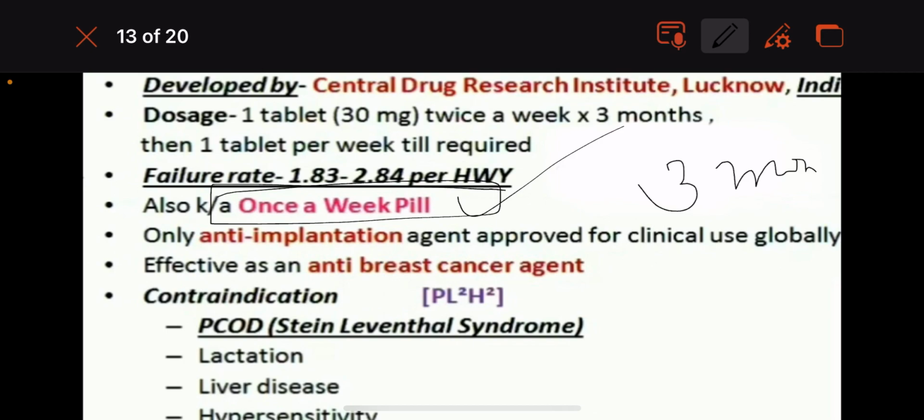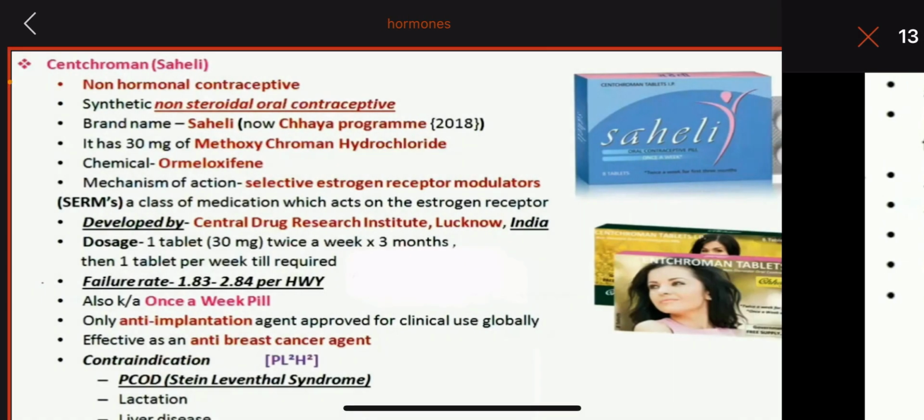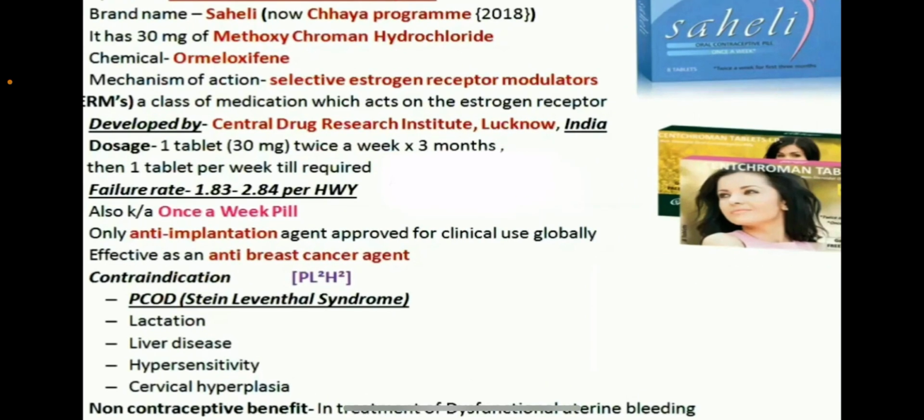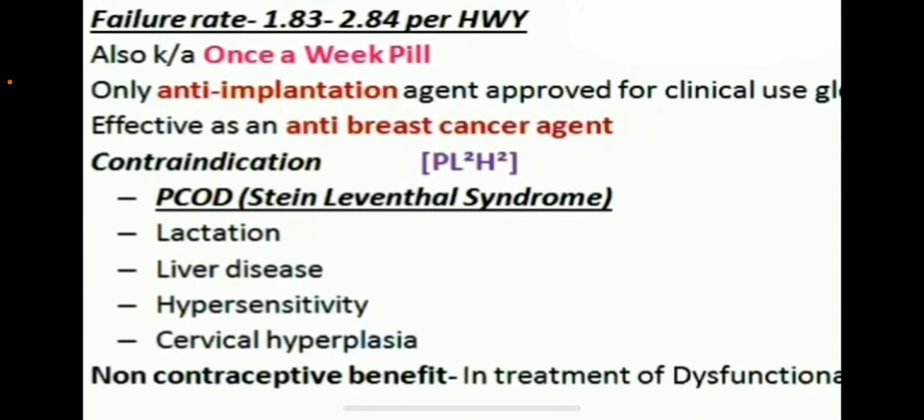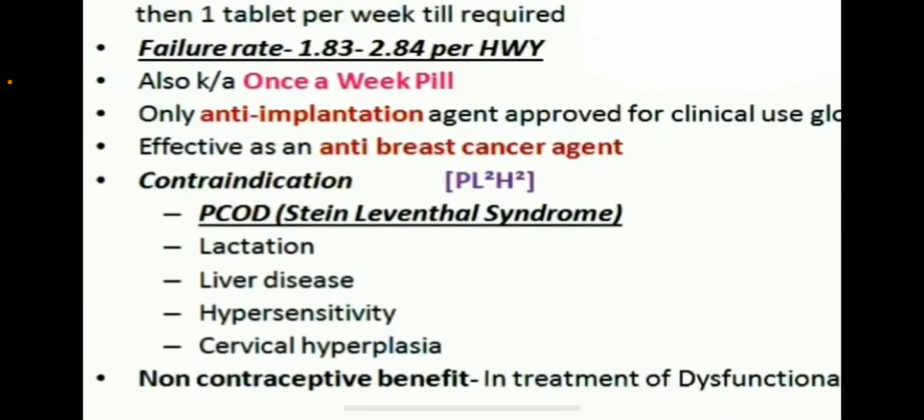It is the only anti-implantation agent which is approved for clinical use globally, and it is effective as an anti-breast cancer agent. So we saw that all these OCPs will provide a protection against the breast cancers, cervical cancers, colorectal carcinomas. Popularly, it prevents the breast cancer.